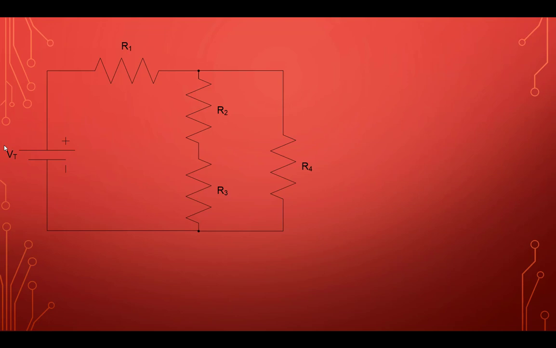We know that series resistances are combined by just adding them together, but we also know that parallel resistances have to be combined in one of those other methods we talked about. And when you have a more complex circuit like this one, where it's a combination of series and parallel, you have to make sure that you combine them in the appropriate way.